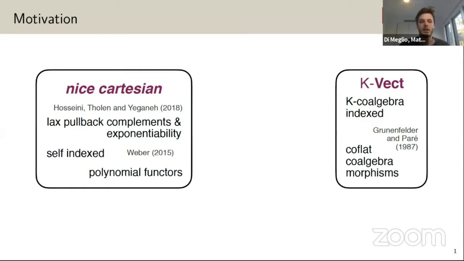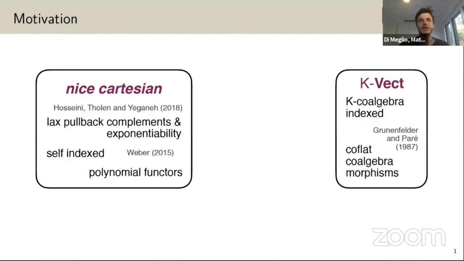In this perspective, a comodule for a coalgebra should be thought of as an indexed family of vector spaces indexed by that coalgebra. They also define this notion of coflat coalgebra morphism, which corresponds to one for which the co-induction functor has a right adjoint. So this notion is similar to this notion of exponentiability over here.